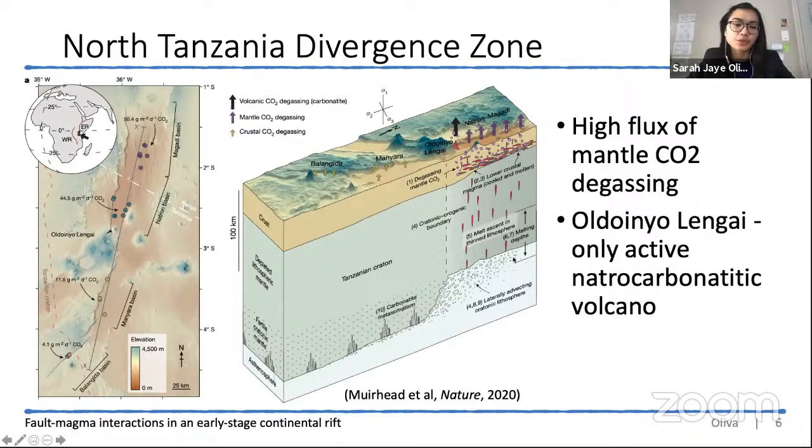And then this is the rift area, which is a lot thinner. And this juxtaposition allows, we think, for the CO2, the carbon, to be concentrated in this region and find pathways because it's an extension to the surface.